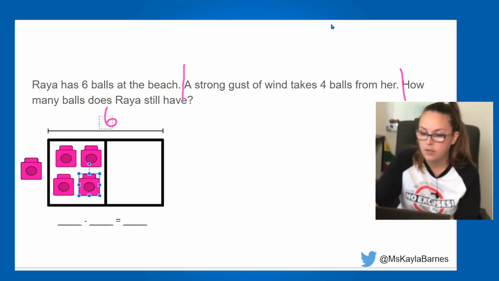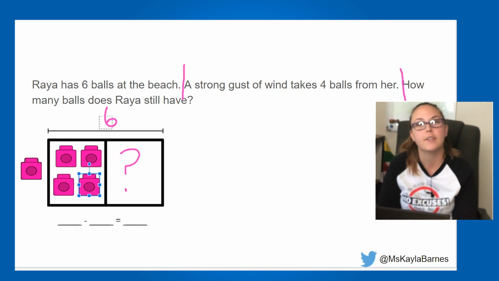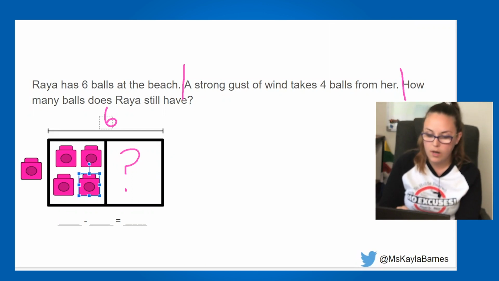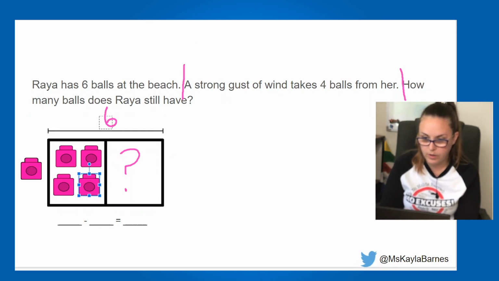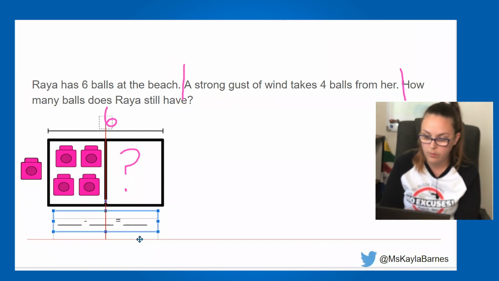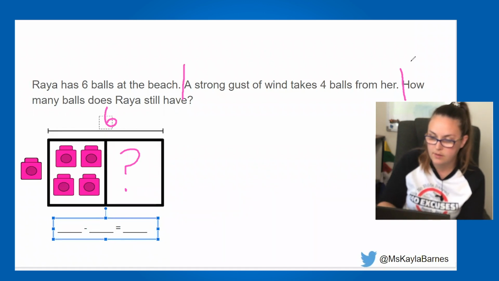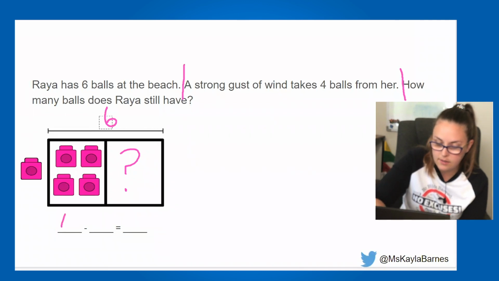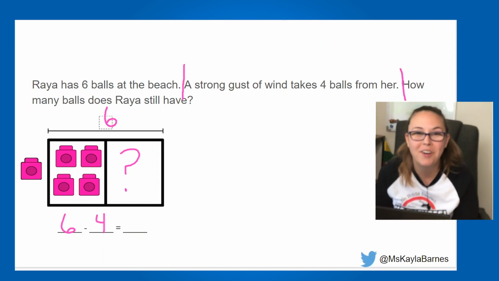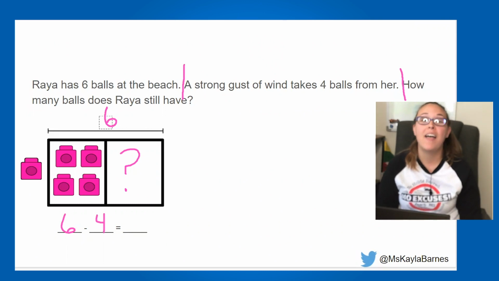And we have to calculate how many balls Rhea still has. Okay, great job. So our subtraction sentence, when we are ready to solve it, remember where the pieces go. Our subtraction problem will look like this. 6 minus 4 equals what?